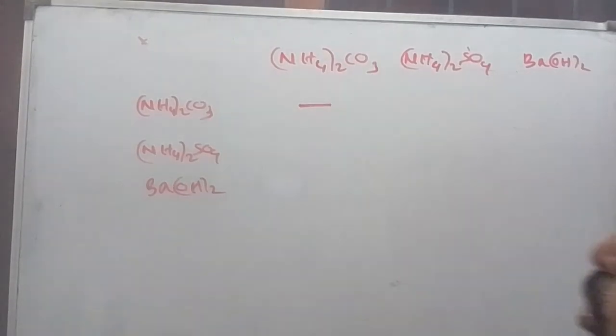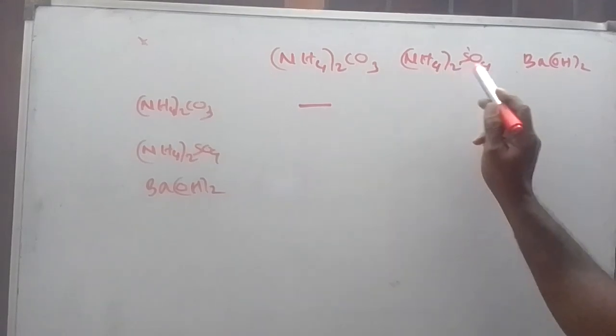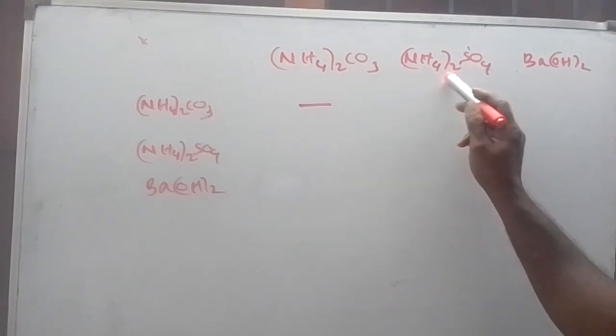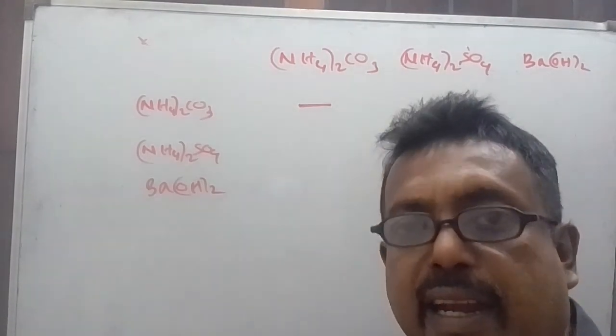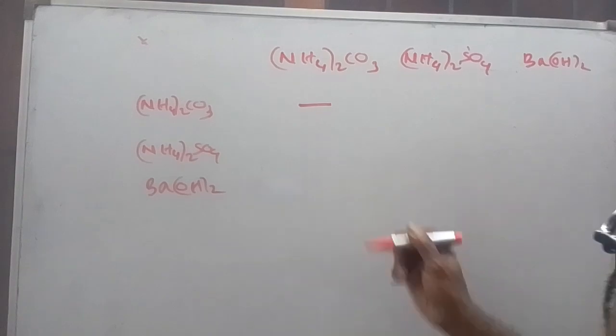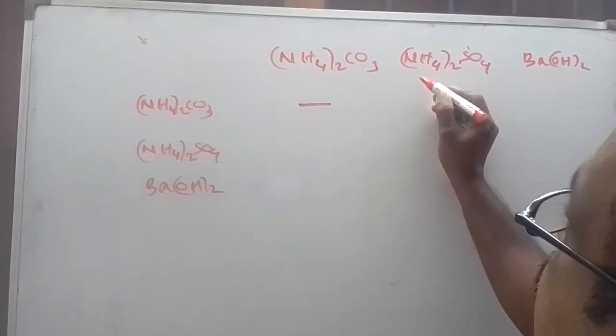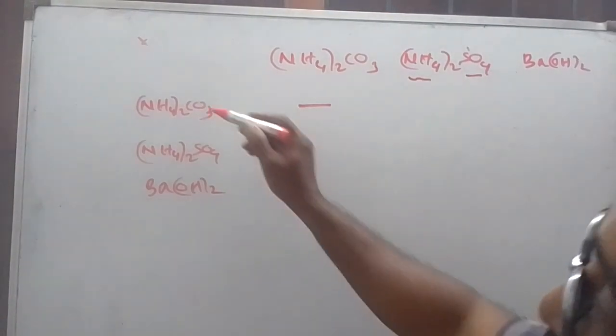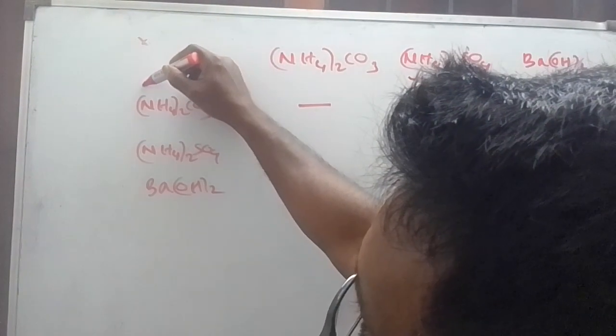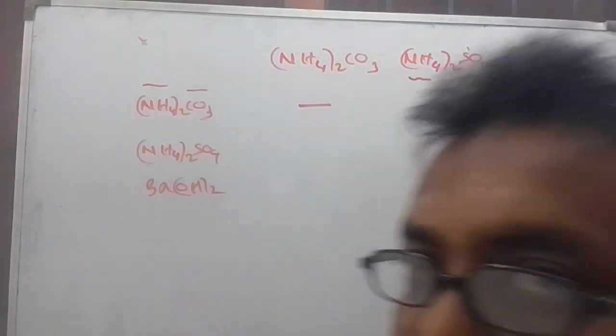However, you need to understand ammonium sulfate has acidic character because it is a salt of what? Salt of weak base and strong acid. Ammonium carbonate is a salt of weak base and weak acid.